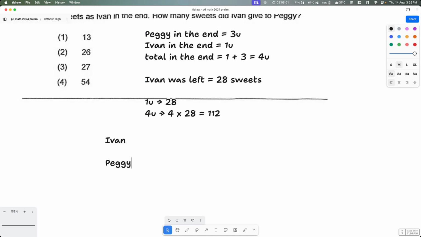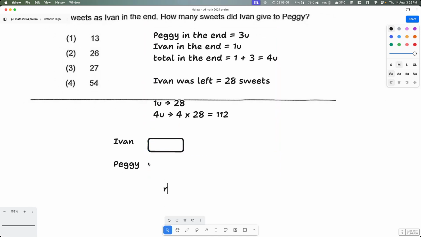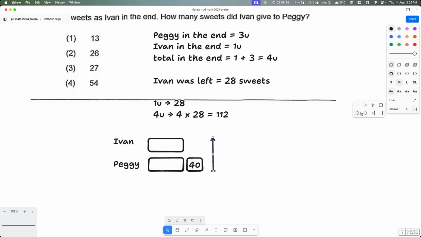Ivan had 30 fewer than Peggy. So just gonna draw this over here. Peggy and Ivan is the same, but Peggy has 30 more, and together they had 112.